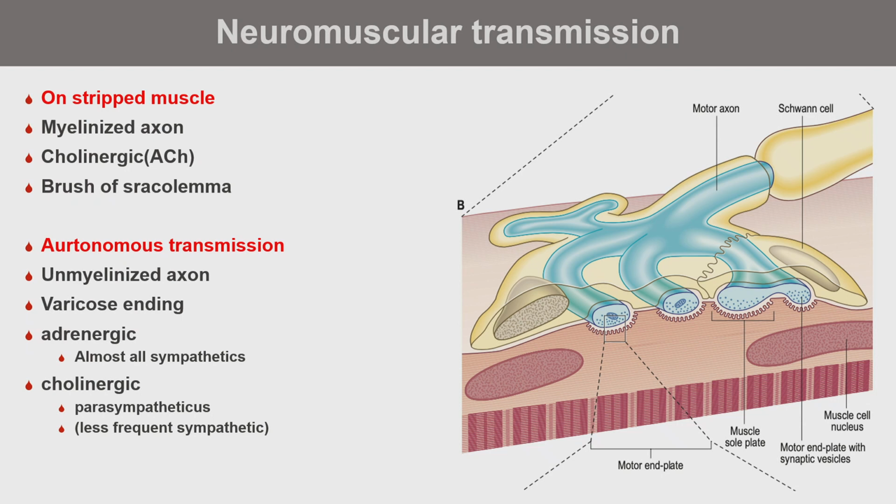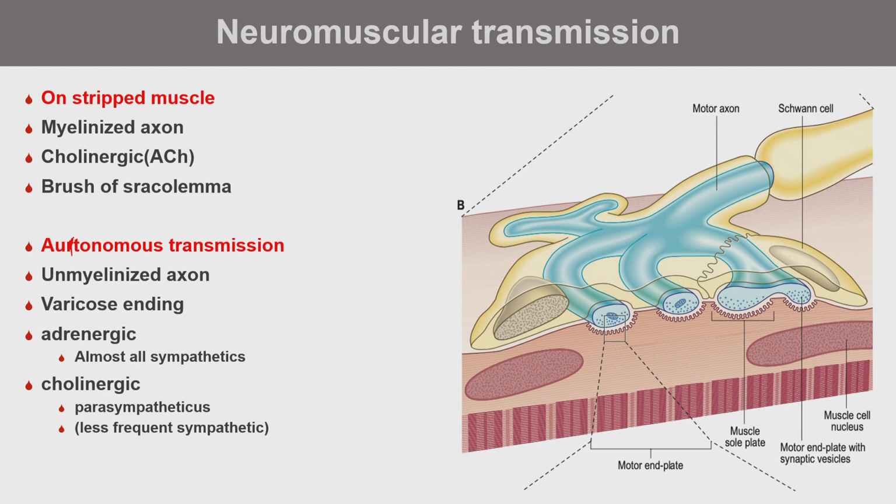So, neuromuscular transmission. Neuromuscular transmission is a plate, and it is a little bit different in striated and in smooth muscles.